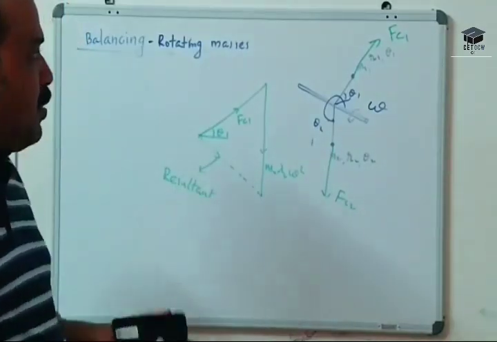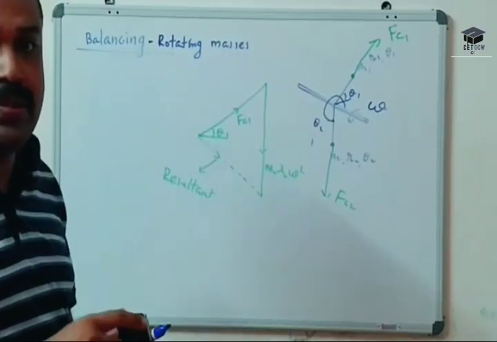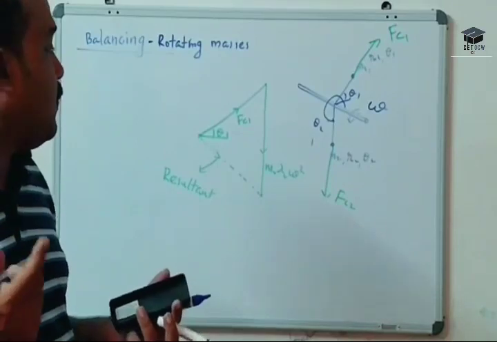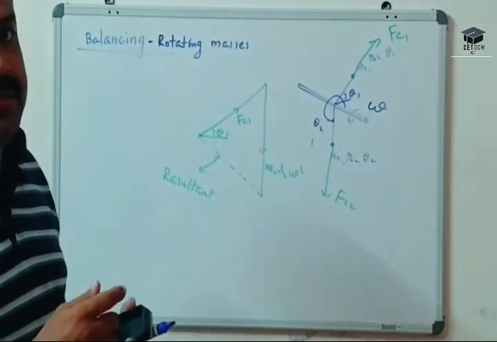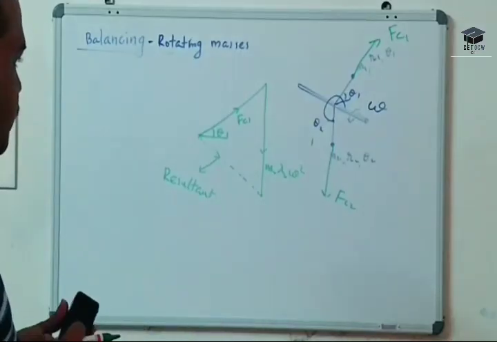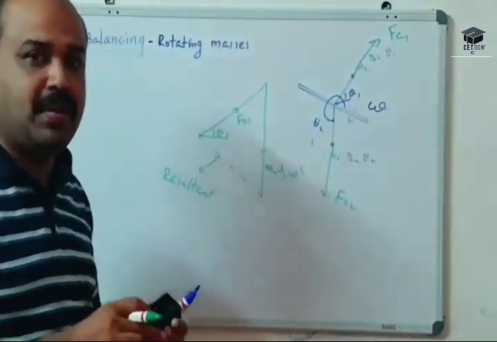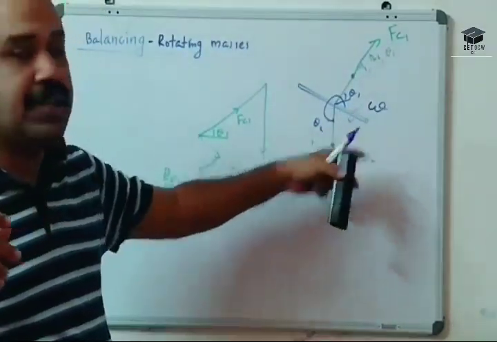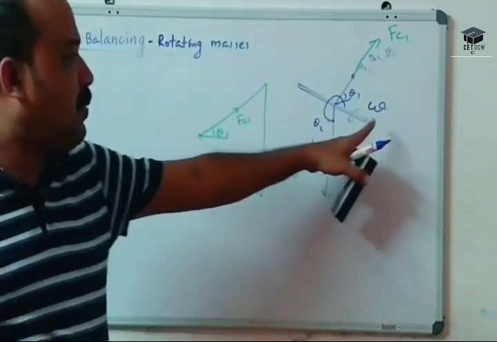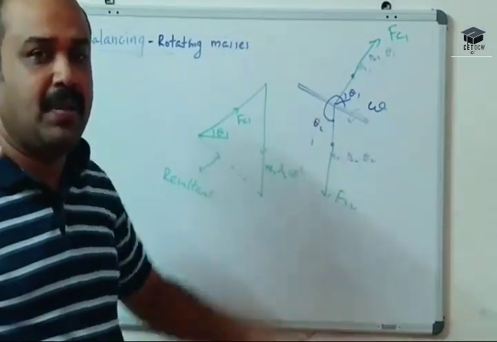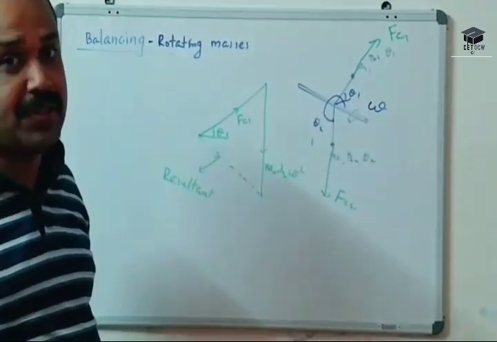Okay. So the problem with this is the shaft will be subjected to vibrations if the force is not balanced. And if we increase the speed, there will be an increase in the centrifugal force. If we double the value of omega, there will be 4 times increase in the centrifugal force because it increases with the square of the speed.